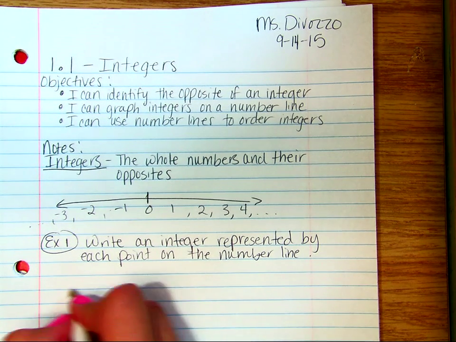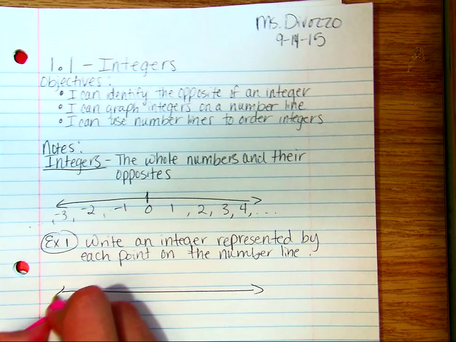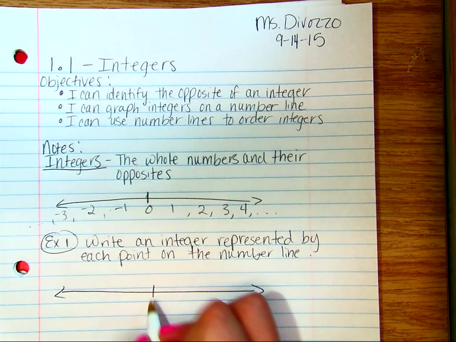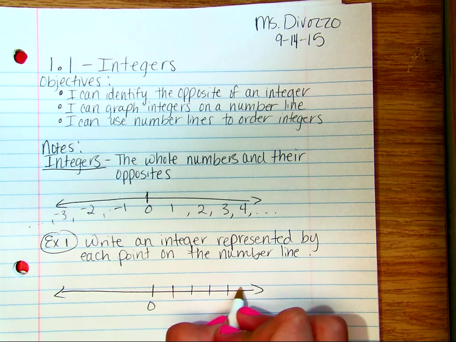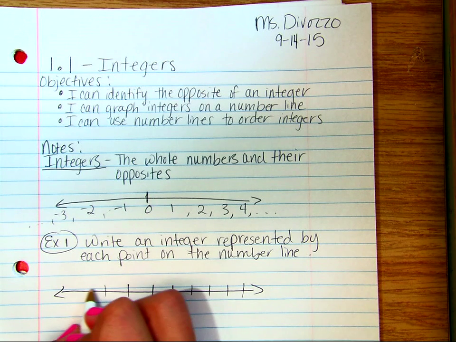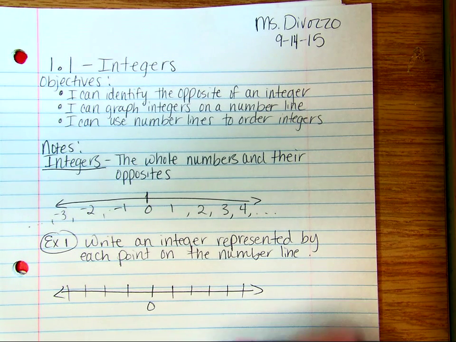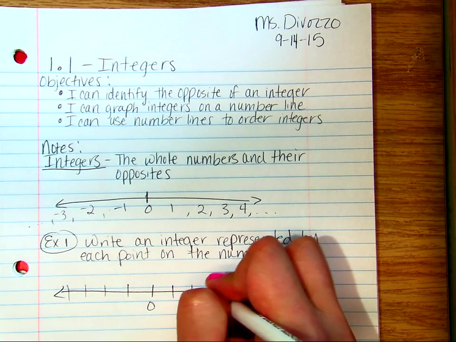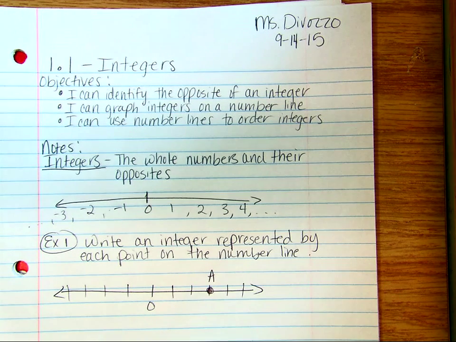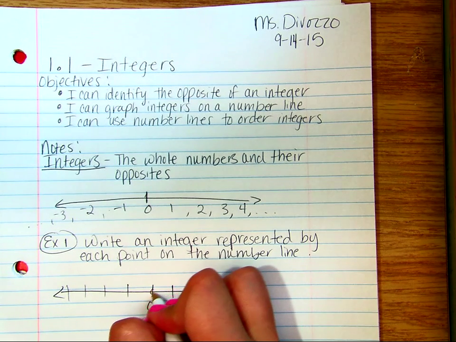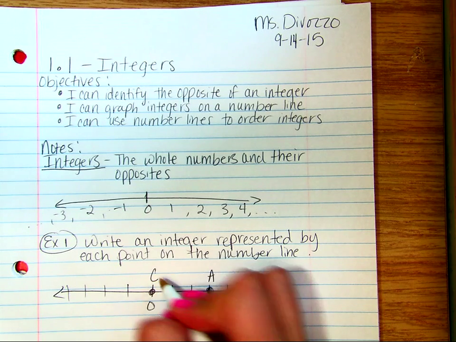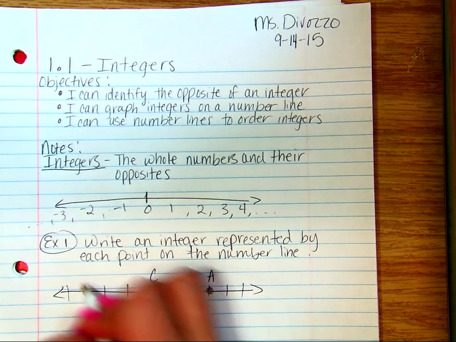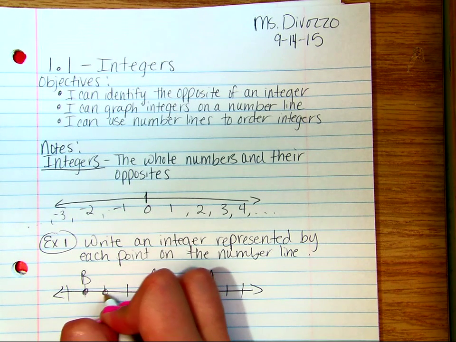Alright, so I'm going to go ahead and draw this number line. This would be given to you. We'll put 0 in the middle, make slash marks evenly spaced. And let's say I asked you to identify this point. We'll call it A. We'll call this point C. We'll call this one B. We'll call this one D.